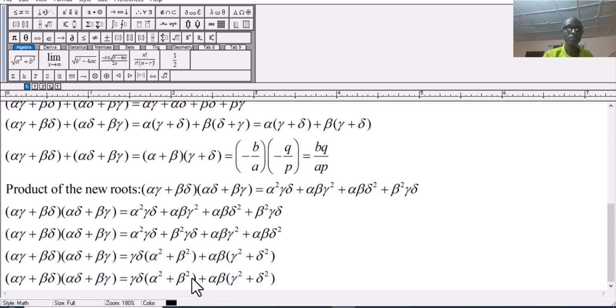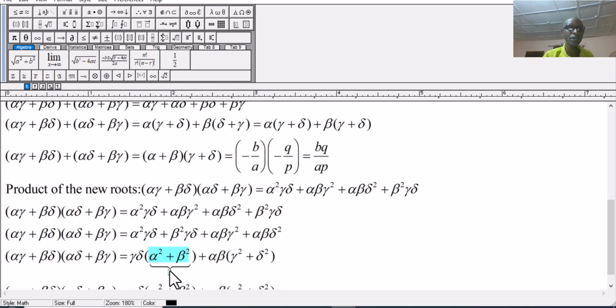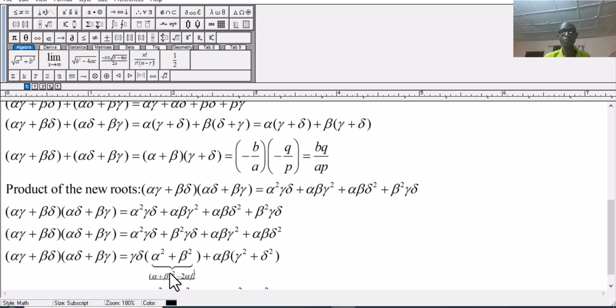I will still simplify further. Let me write it like this so that you understand what I'm trying to explain. This is the same thing as alpha plus beta all squared minus 2 alpha beta. So have that at the back of your mind.